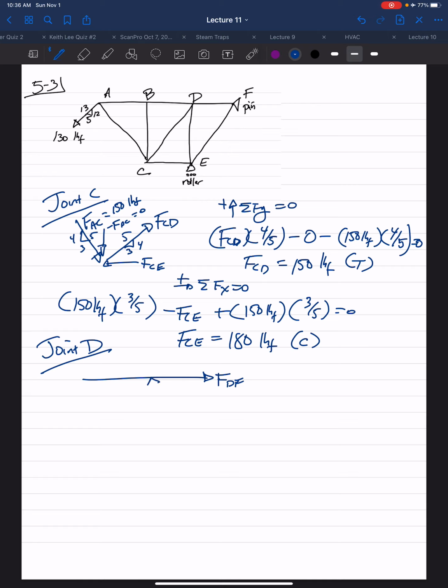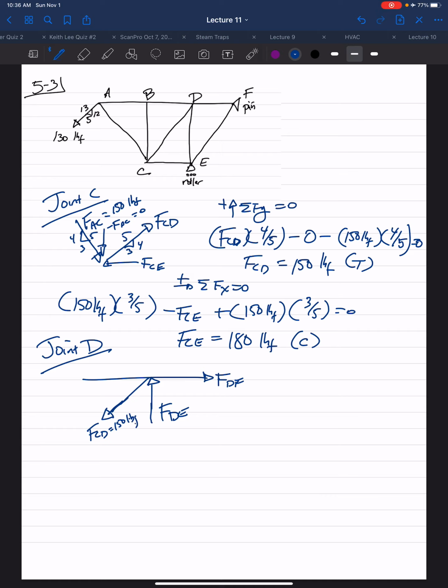We have FDE. We know FCD is 150 pound force.